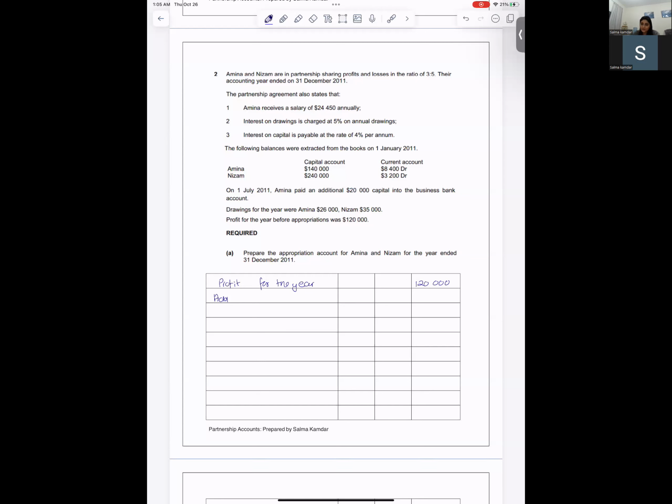You will add interest on drawings. What is the interest on drawings? 5%. Drawings for Amina and Nizam are given to us. For Amina, it is 26,000 into 5%, and for Nizam, it is 35,000 into 5%.